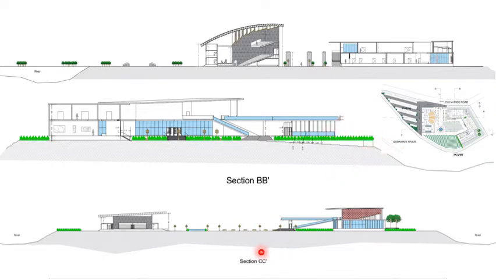The section CC shows the water body in the middle of the site, a section going through the experimental theatre. It also shows the ramp which is cutting the projection facility and library.